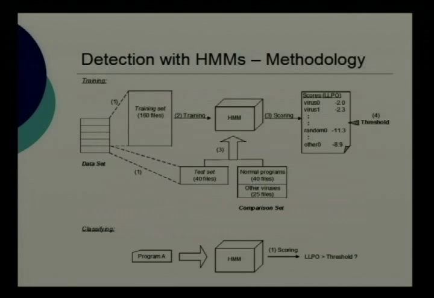From all this, we would expect to see that after training, the model can assign a high probability to the 40 test files compared to the other normal programs or viruses not in the same family. From that, we should be able to determine a threshold. Later, when we are given any program, program A, we can score it with the hidden Markov model, compare the score to the predetermined threshold, and classify whether the program belongs to the same family.